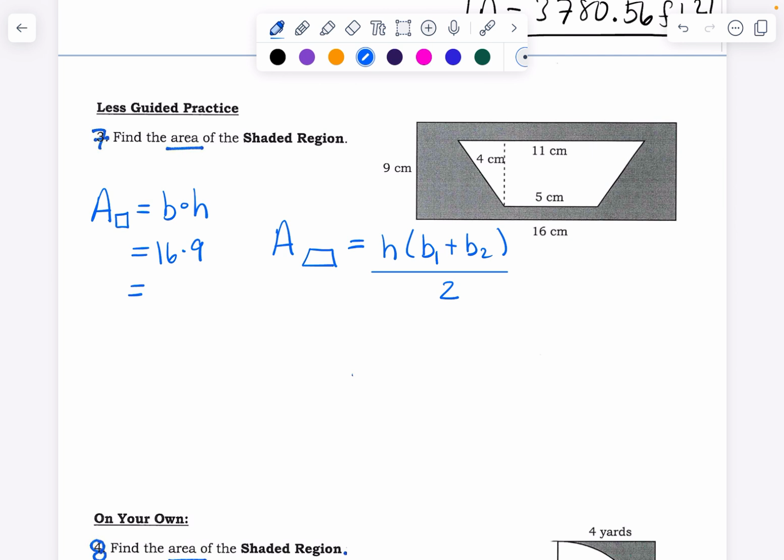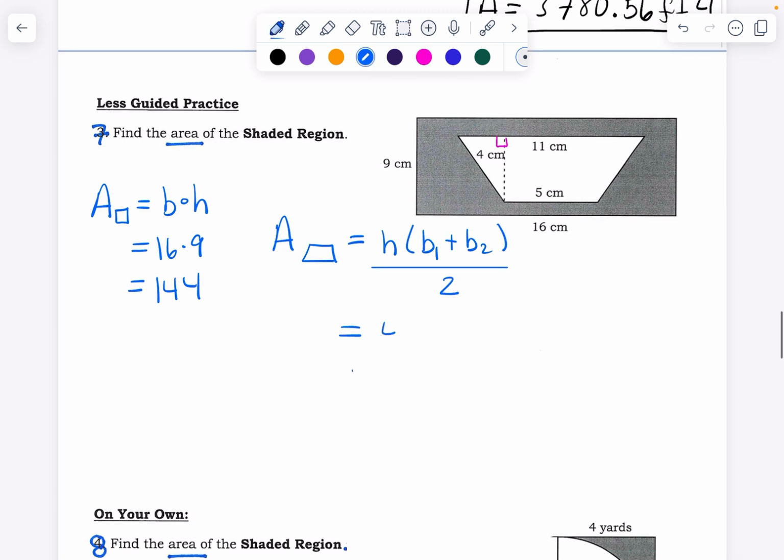I have 16 times 9. That would be 144. I'm looking at my notes and I have something wrong on my notes, so I apologize. Okay, the height of the trapezoid would be 4, because remember that the height is always perpendicular to the base.